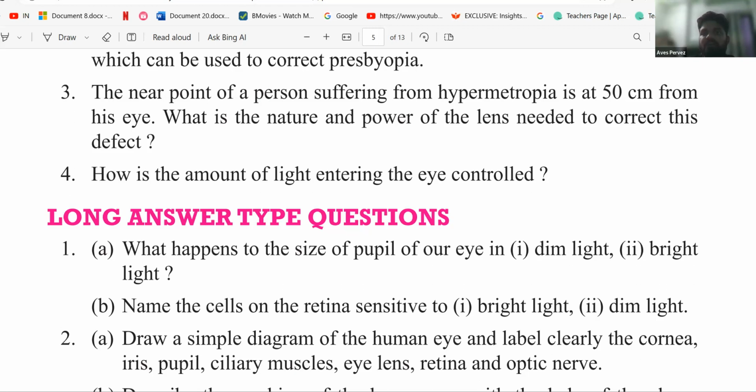And let's have the NCERT question regarding this one. Wait a minute, let me pick up the NCERT book. Done, sir.